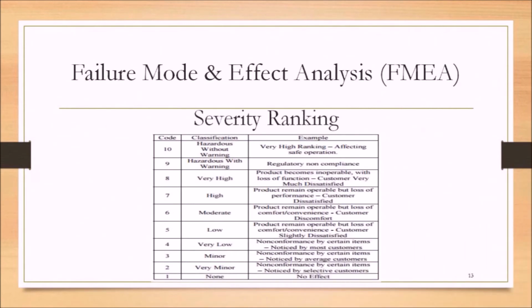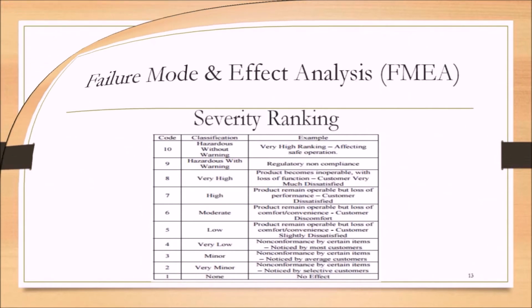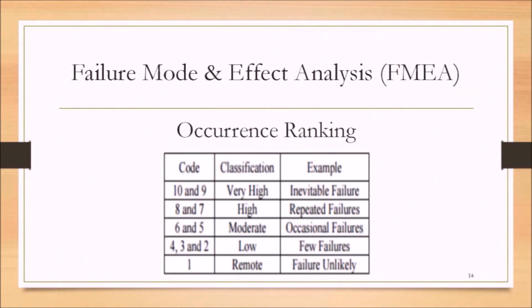Severity ranking uses a scale of 1 to 10, where 1 means none, and 10 means that a failure mode is hazardous without warning, affecting the safe operation of the process being studied. Occurrence also uses a scale of 1 to 10. In the scale, 1 means remote, and 10 means very high frequency of occurrence.